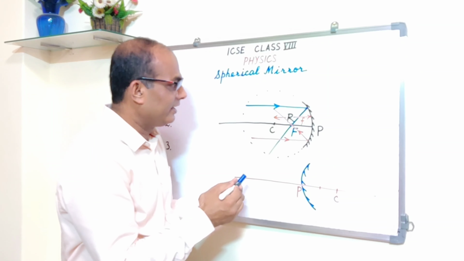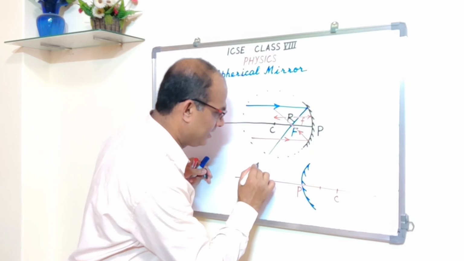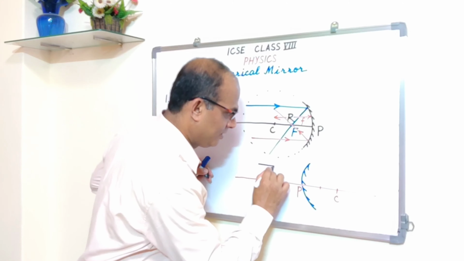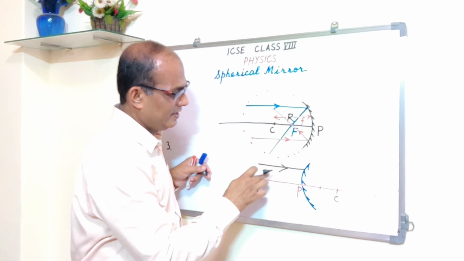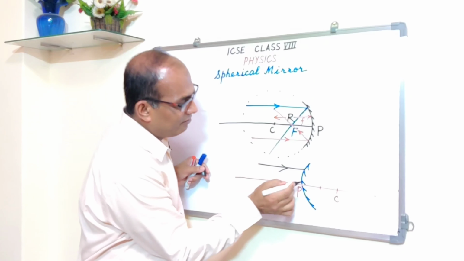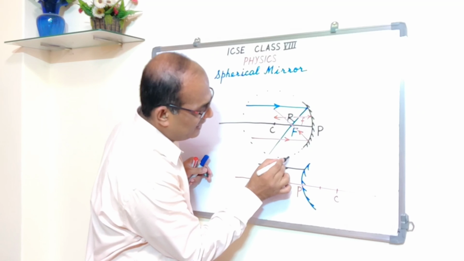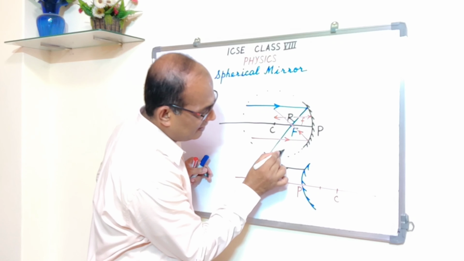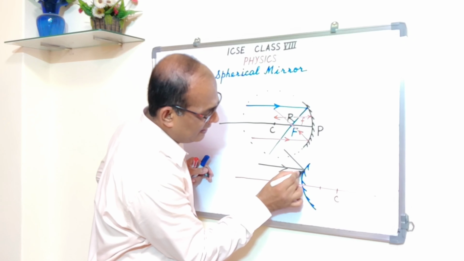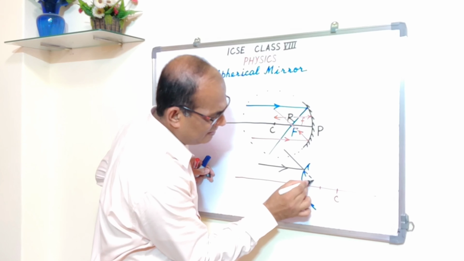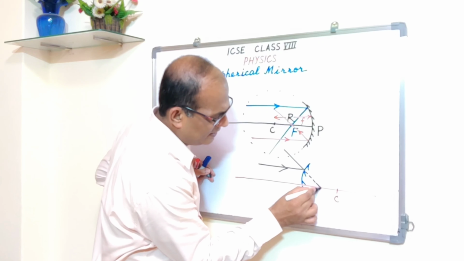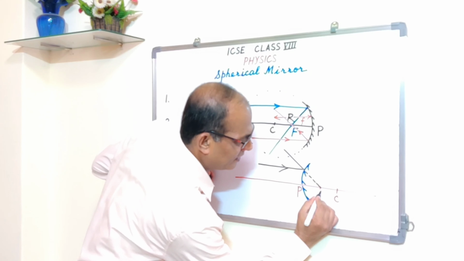Look at it. For example, a ray of light is falling on this convex mirror. After reflection it goes like this in such a way that it seems that it is coming from some point here.